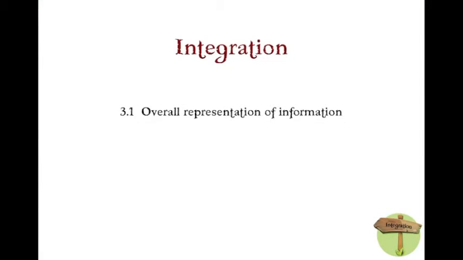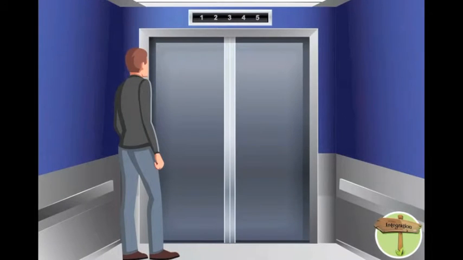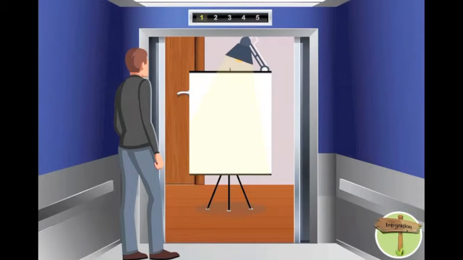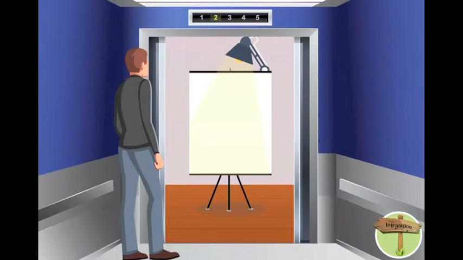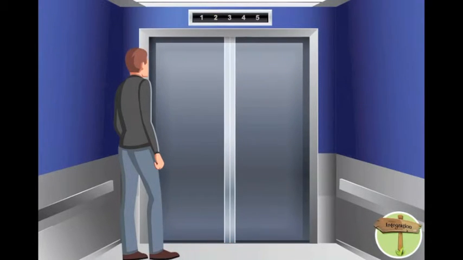Overall representation of information. This overall representation can be done on 2 levels. The first is to highlight the connections among the concepts covered in a given class. The second is to expand the connections to include what has been taught before.